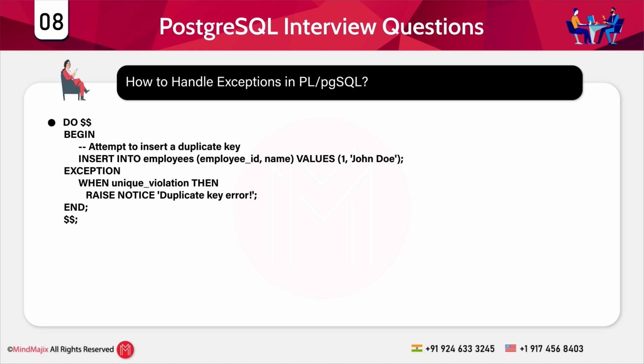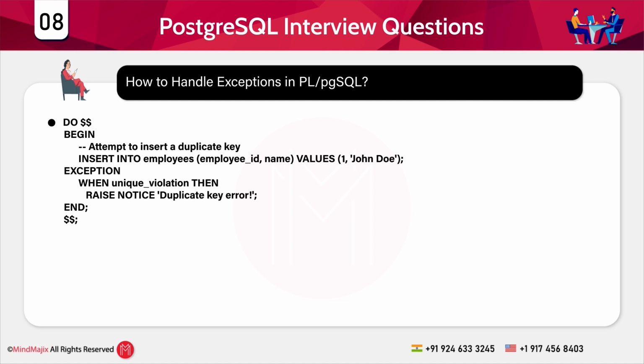Once you encounter any duplicate record or duplicate key inside a particular table, it is violating our unique constraint, so the unique violation is raised. So what you have to do is raise a notice or message like 'duplicate key error'.